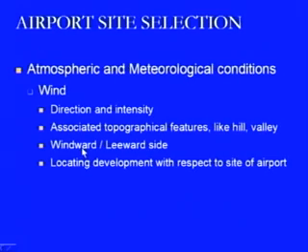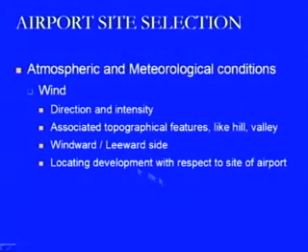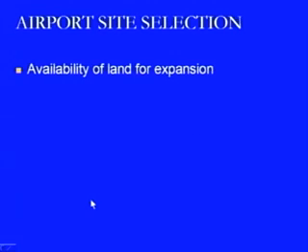Then in what direction the wind is moving from the airport, whether the airport is on the windward direction or in the leeward direction, also creates an effect. If it is on the leeward direction, then there are more problems, but if it is on the windward direction, then the problems are very few. So, locating development with respect to the site of the airport and looking at the effect of wind direction and intensity is another important aspect in deciding the site of any airport.